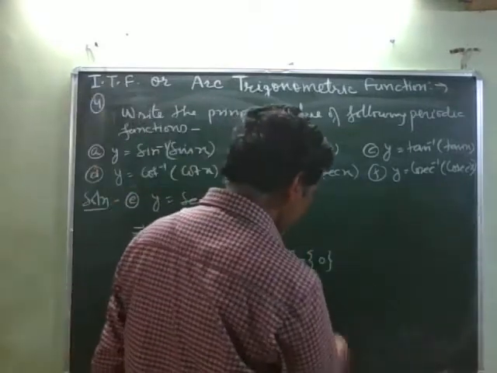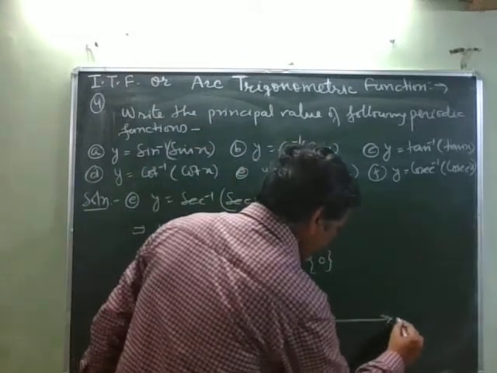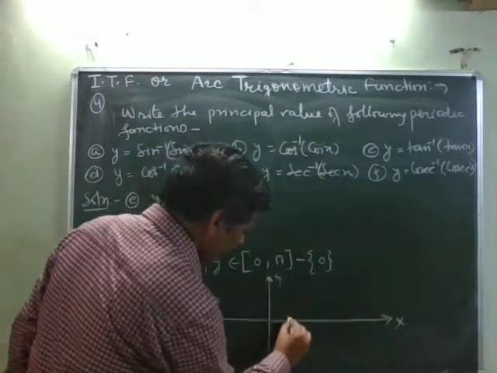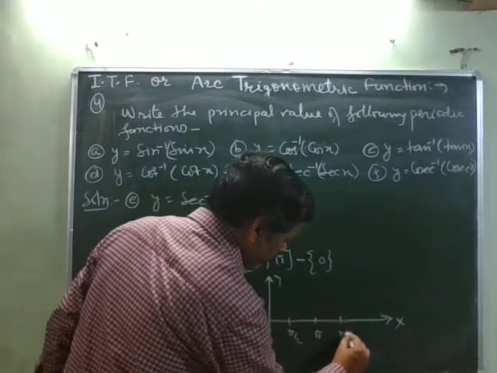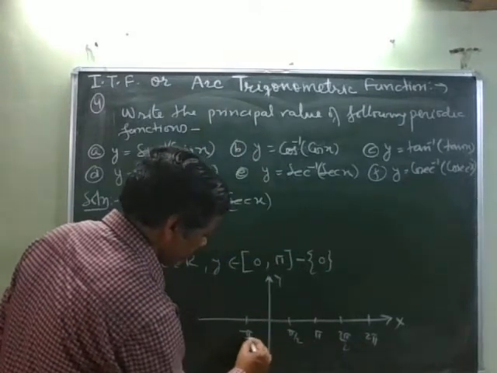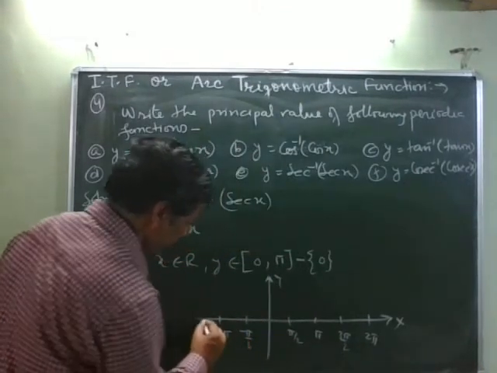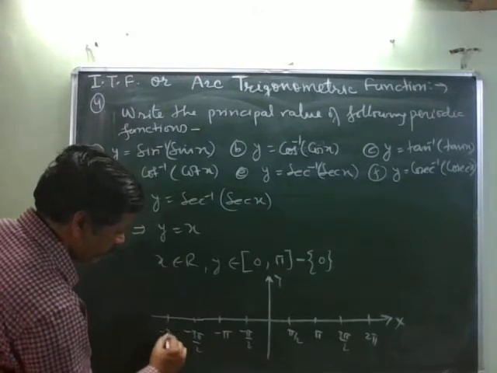If we plot the graph, then we are going to get x, y, pi by 2, pi, 3 pi by 2, 2 pi, minus pi by 2, minus pi, minus 3 pi by 2, minus 2 pi.